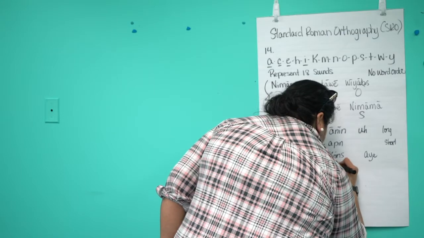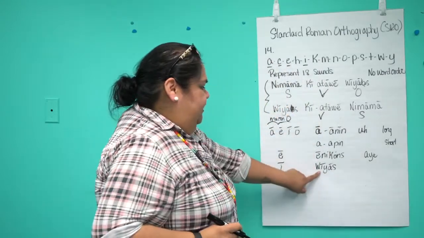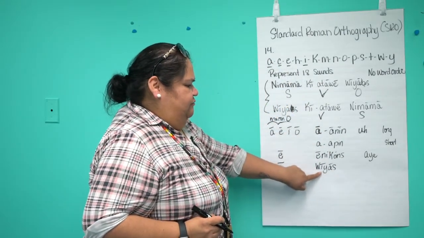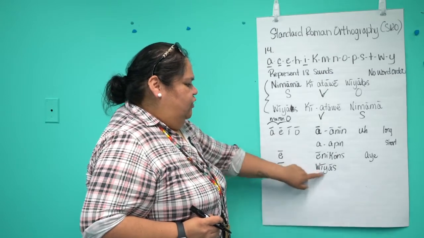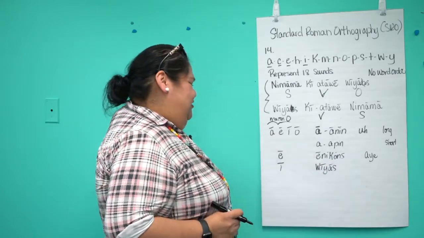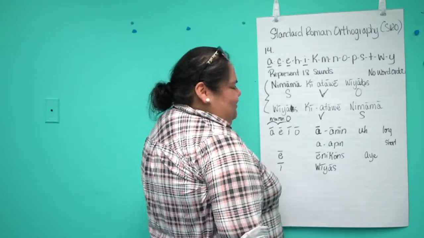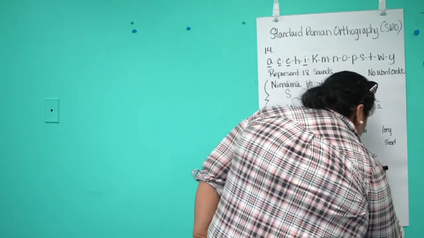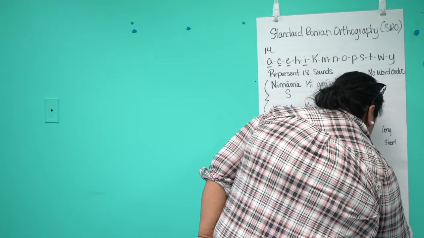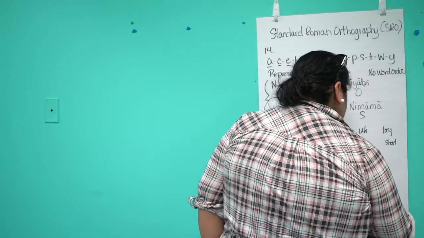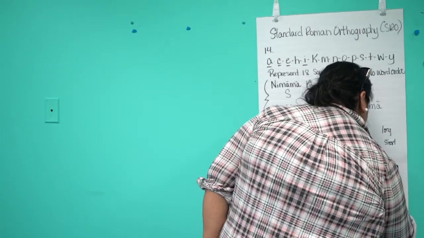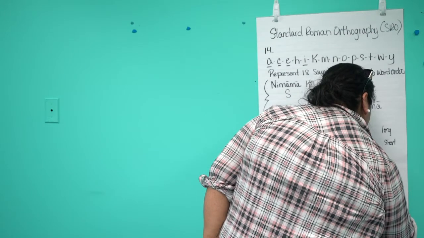I was just trying to see, like here. We us. We us. Okay? So it kind of sounds like Iroquois, I guess. How do you spell Iroquois?